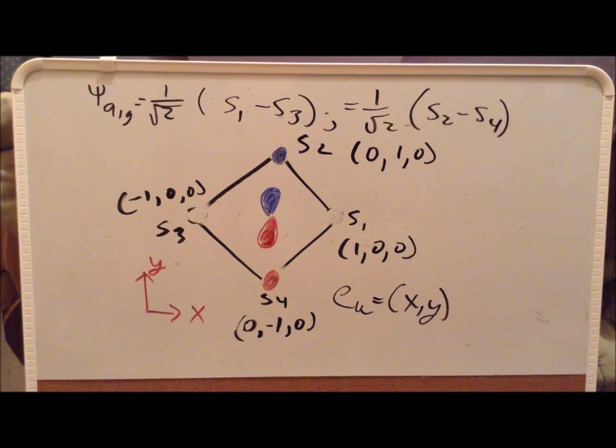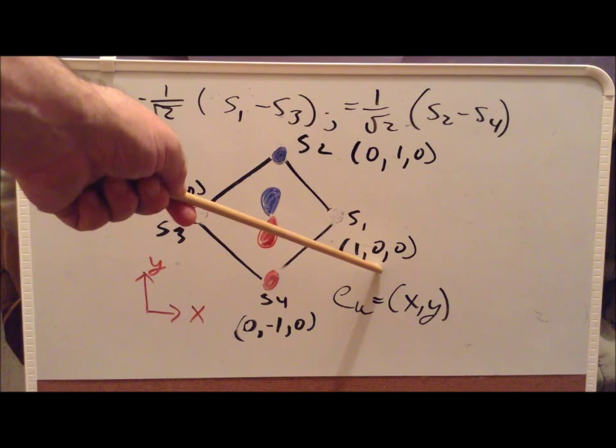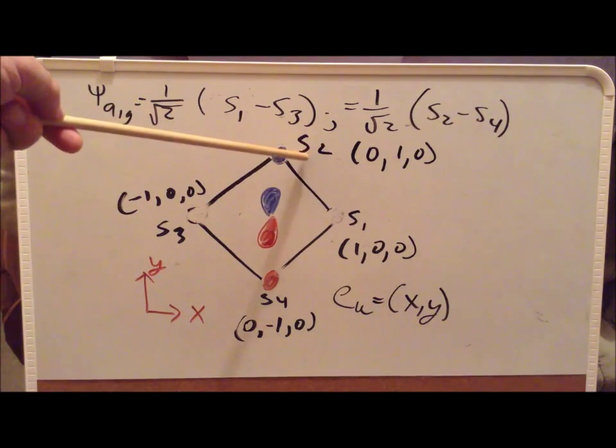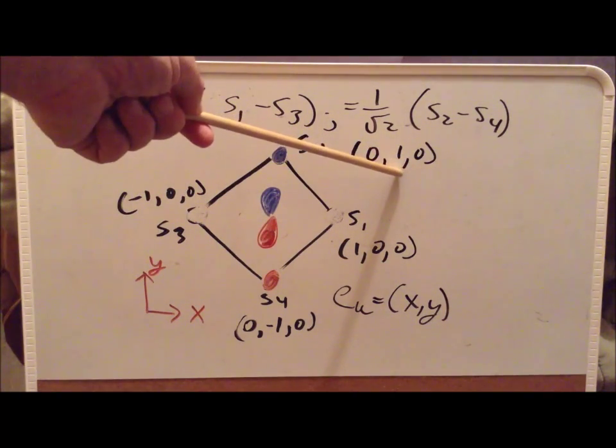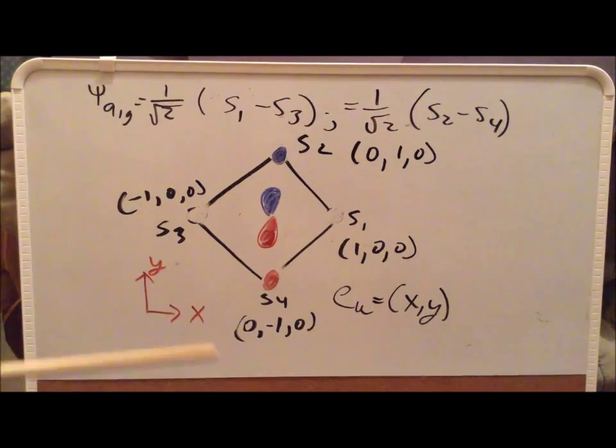For the second member of the EU irreducible representation, we use the y basis function. So for S1, the y coordinate is 0, so therefore the coefficient is 0. For S2, the coordinate is a positive 1, therefore the coefficient is going to be a positive 1.